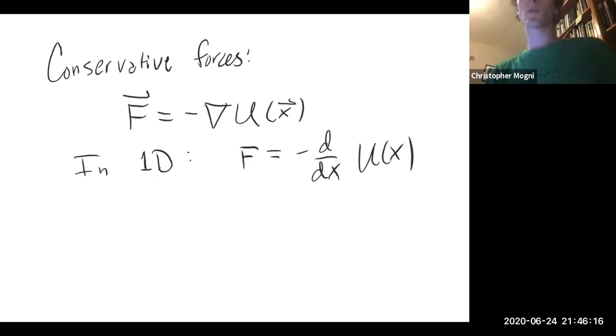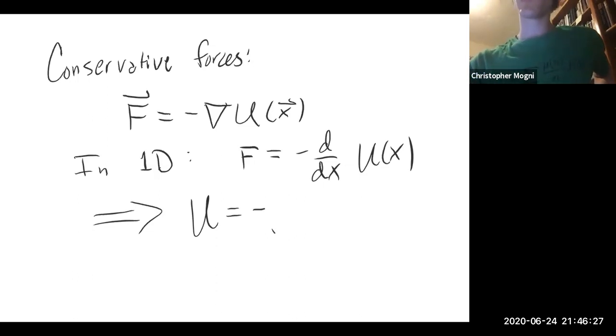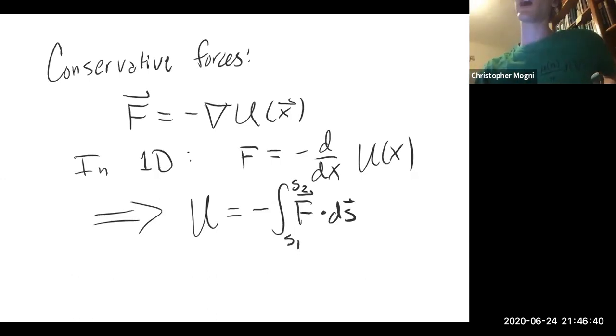You can invert this equation by using the fundamental theorem of calculus and find the equation that relates work to forces, which is that here's the multidimensional version. If you do work from one point to another and you go along some trajectory, you take the dot product of the force along that trajectory and you're able to get work out.